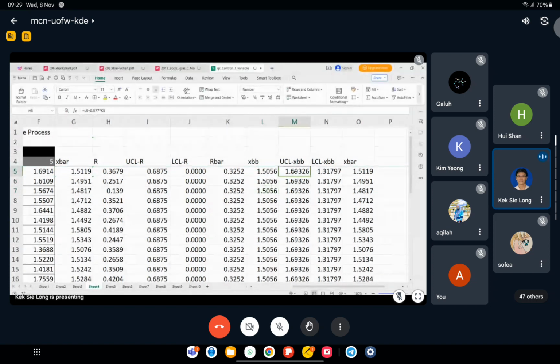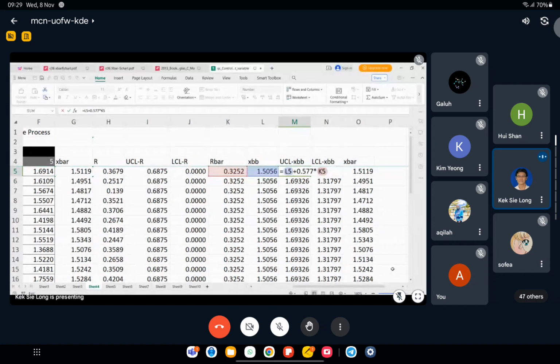And then for UCL, remember the formula? X bar plus A2 R bar. A2 equal to what? From the table, A2 is equal to 0.577. So you just simply type equal L5 plus 0.577 times K3. If you follow my position, then you can follow my command.